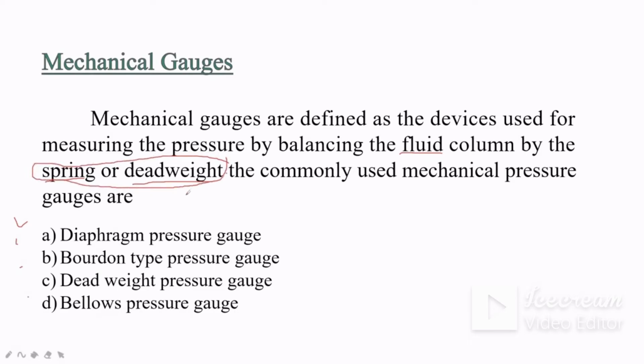But in the case of manometers, it is balancing the column of fluid by the same or another column of fluid. So the fluid column is the main criterion for balancing there, but here we are using a spring or dead weight. Diaphragm pressure gauge, Bourdon type, dead weight pressure gauge, bellows pressure gauge: these are the four types of mechanical gauges. Now we'll see one by one what simple manometers, differential manometers, and mechanical gauges are, and what their types are.